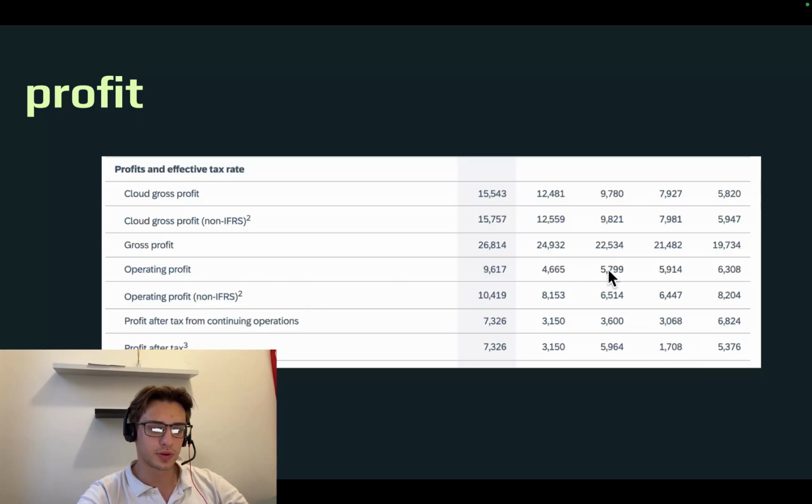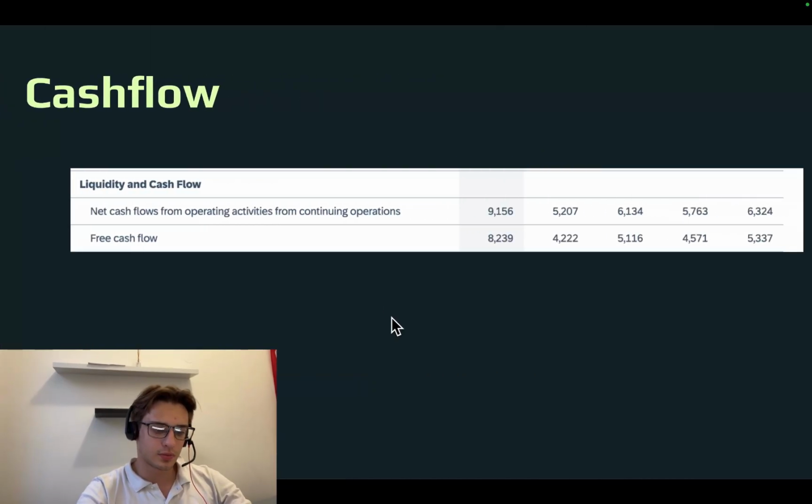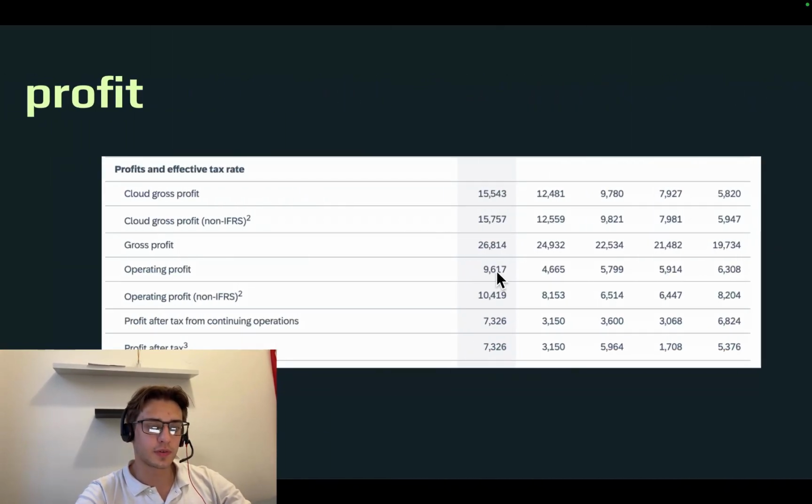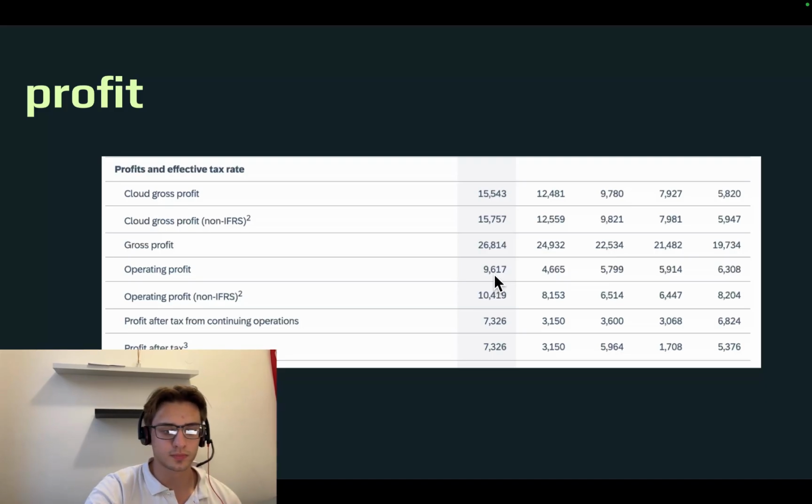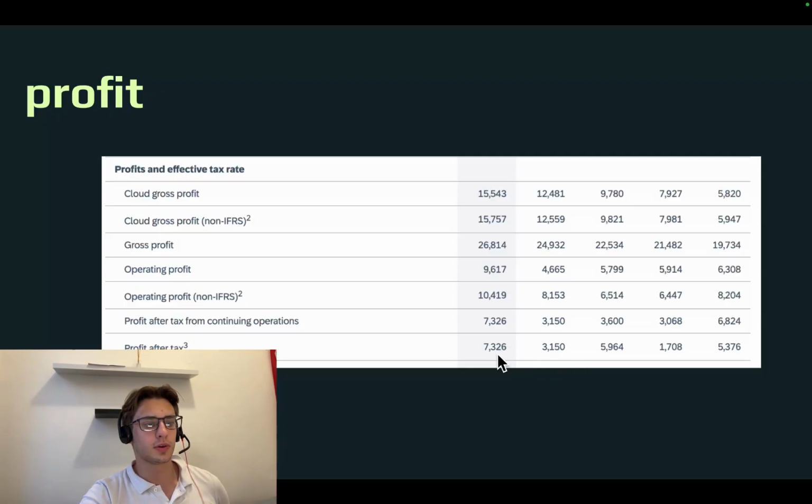If you look at the operating profit, it was almost the same for 4 years, and then in 2025, it nearly doubled, and you can see profit after tax also doubled in 2025 because more and more companies have deals and business contracts with SAP, and that explains it.